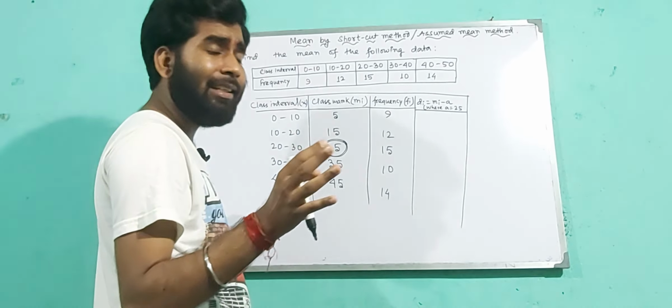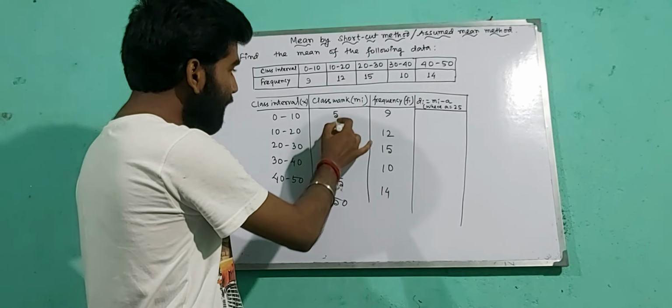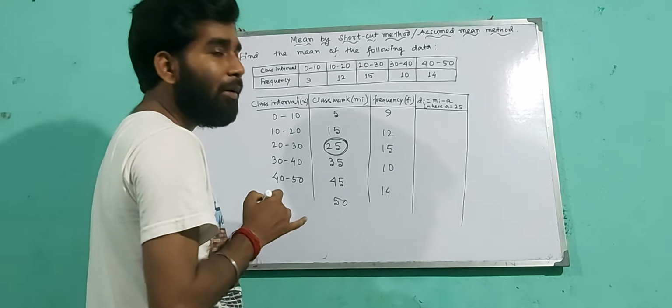Don't worry in case it is an even number. Suppose there is one more number here, 50. Don't write this one, just listen. 1 2 3 4 5 6, then which one will you take?